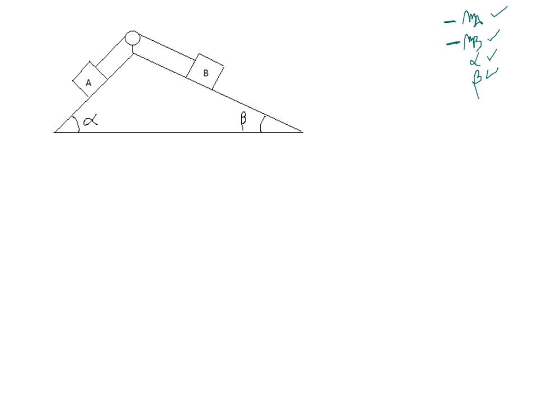Let's imagine that the direction of motion goes in this direction, which means that B is going down and A is going up. Again, we could pick the other, doesn't matter. This dictates our coordinate system. We know right away that we're going to choose a coordinate system such that positive x is in the direction of motion for B, and positive x is in the direction of motion for A.